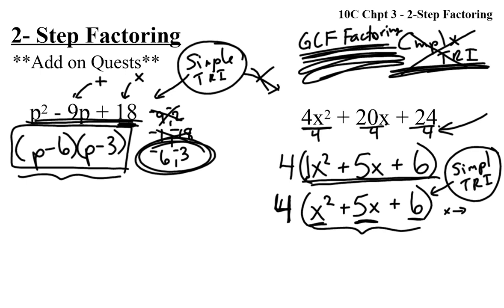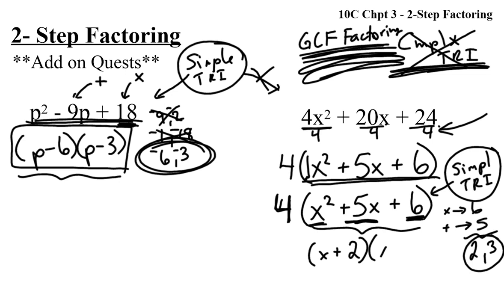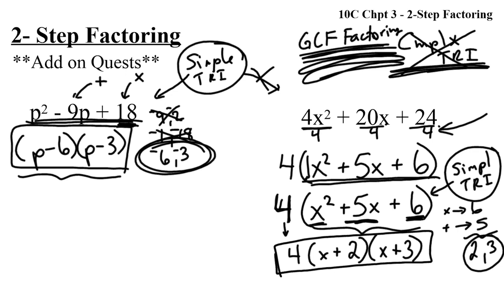We want to multiply to the 6, but we want to add to the 5. What multiplies to 6 but adds to 5? 2 and 3. Simple trinomial. There's the factored form, but please don't forget to bring the 4 down. Otherwise, it's not complete.